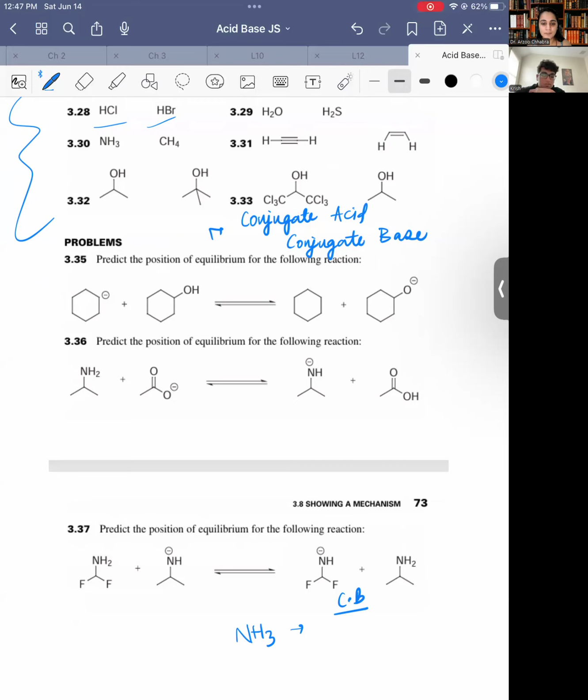Wait, you mean conjugate acid? NH3 has no conjugate base. Well, there can be a conjugate base too. Acid base is relative. When NH3 is acting like an acid, then we can draw out a conjugate base. So when it's reacting with a species that is a lot more basic, then NH3 is actually going to act like an acid.